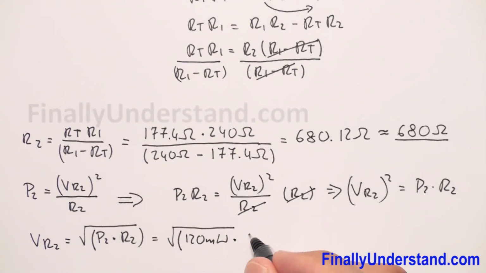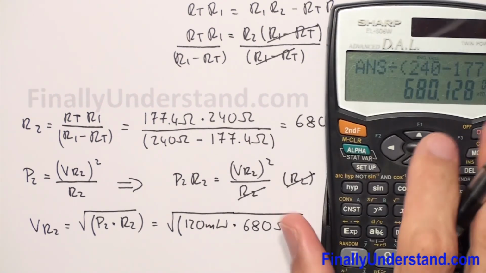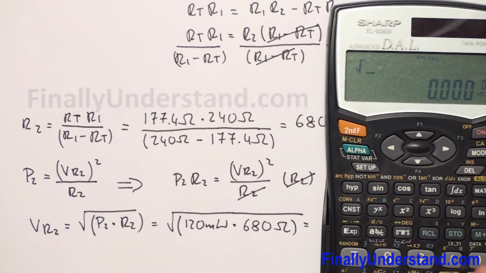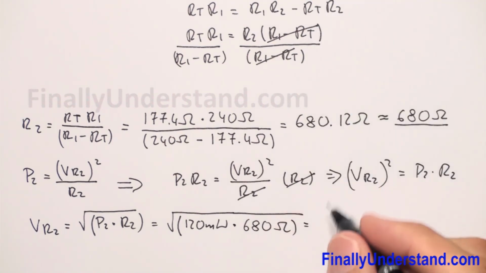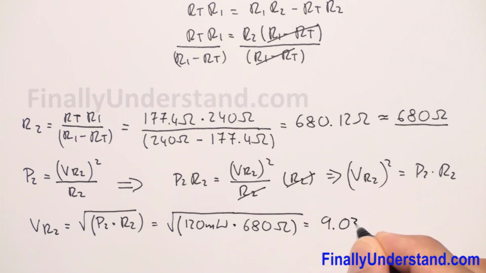So this is equal square root, open parenthesis, 120 times 10 to the negative 3 times 680, close parenthesis, equals 9.03 volts. So we can say approximately 9 volts.